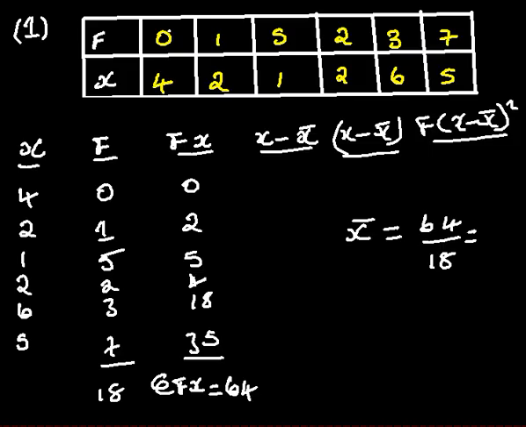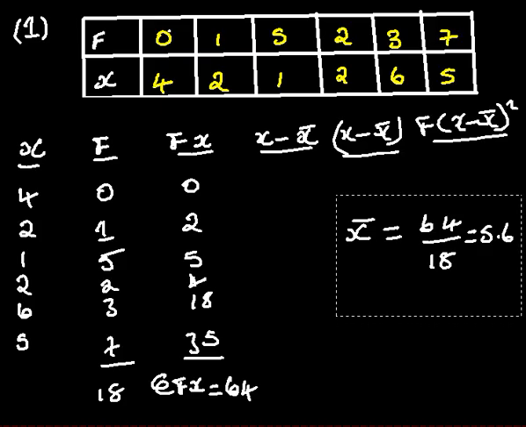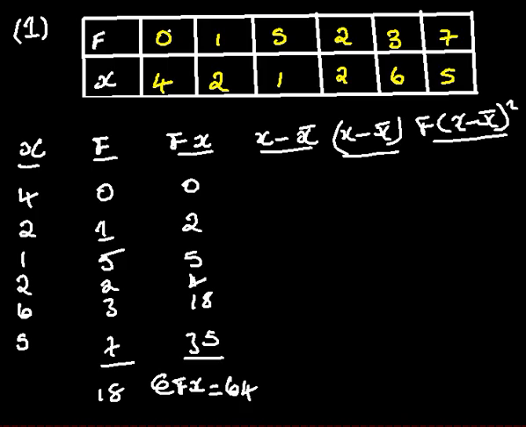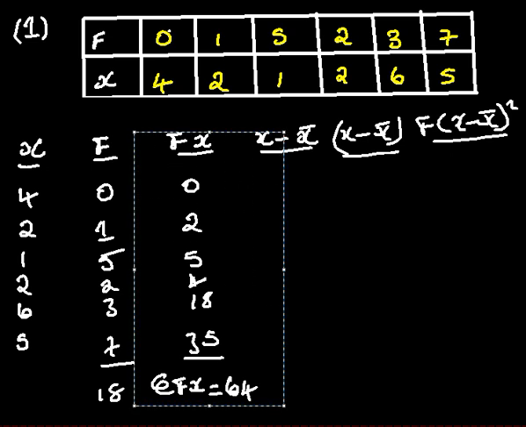It should be 18 rather. That is given as 5.6 to 1 decimal place. That is the mean. By the way, we should also present the column for the mean. Let me make some space here, so that we can provide the mean.